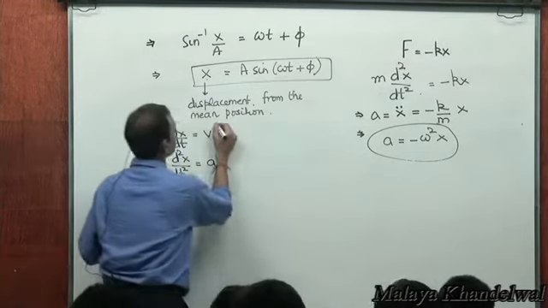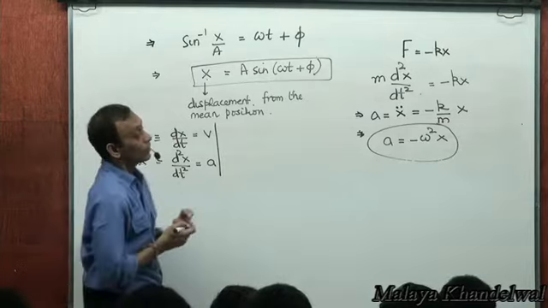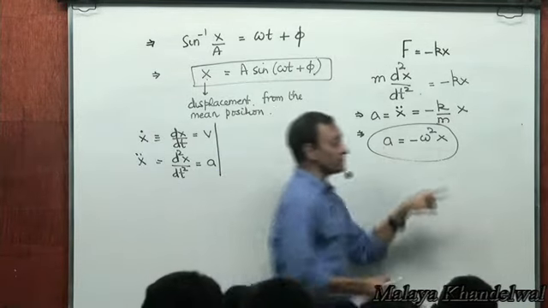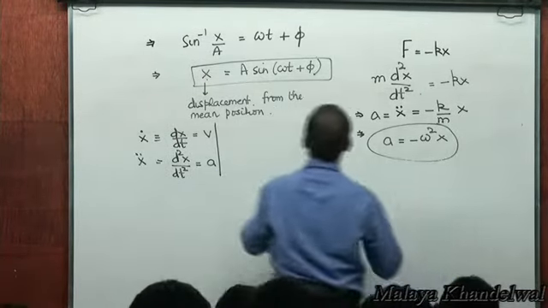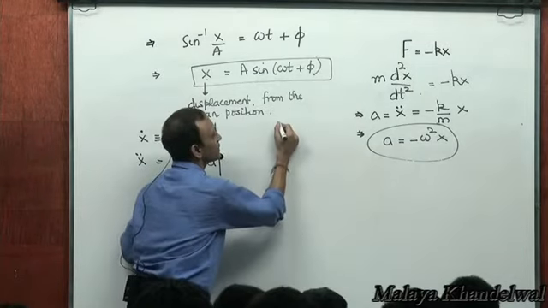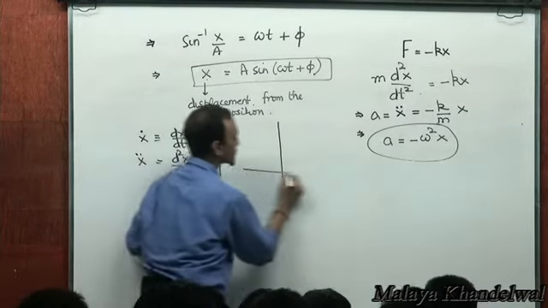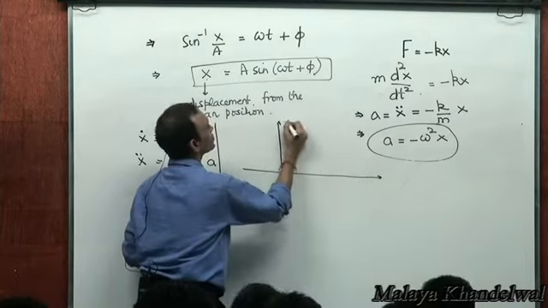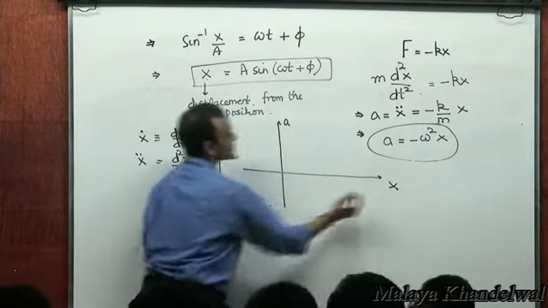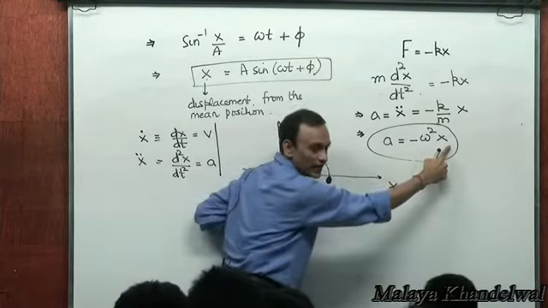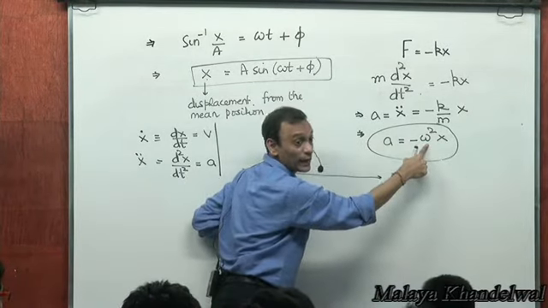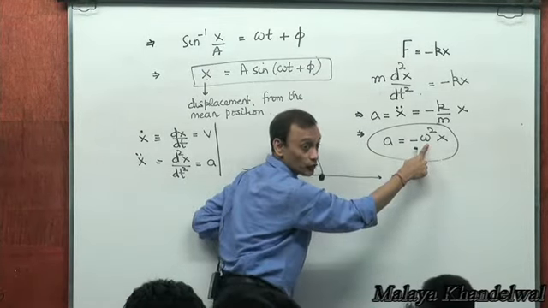In fact, the acceleration as a function of x is given like this. If you have to plot acceleration as a function of x, then it's going to be a straight line with slope minus omega squared, negative slope, and passing through the origin, right?